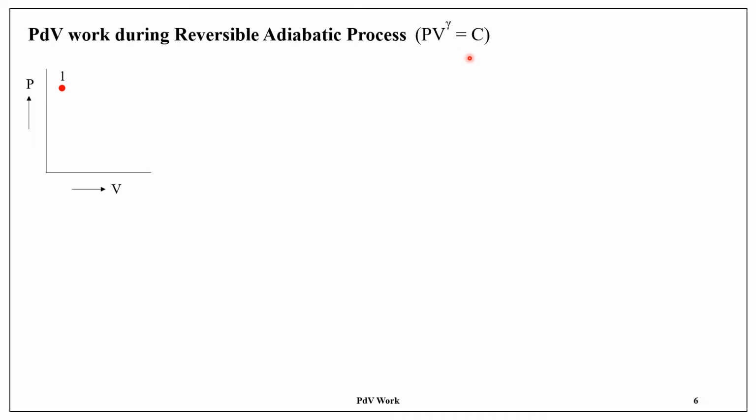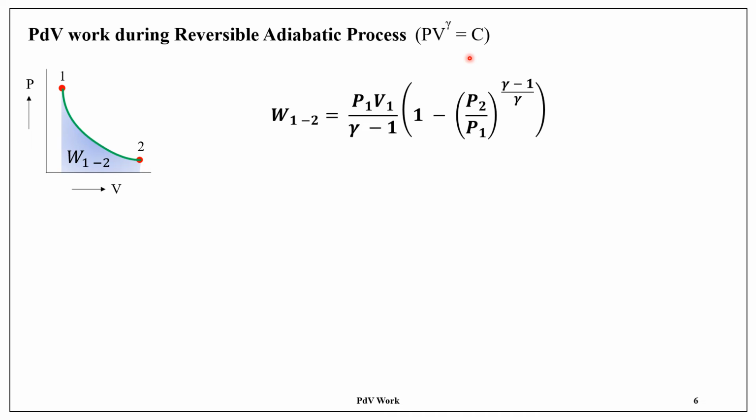So initially at state 1 it reaches state 2, and the area under the curve in this PV diagram represents the work done, and the expression for work done after replacing n with gamma is this. This expression we derived in a polytropic process. Therefore, no need to redo that again.